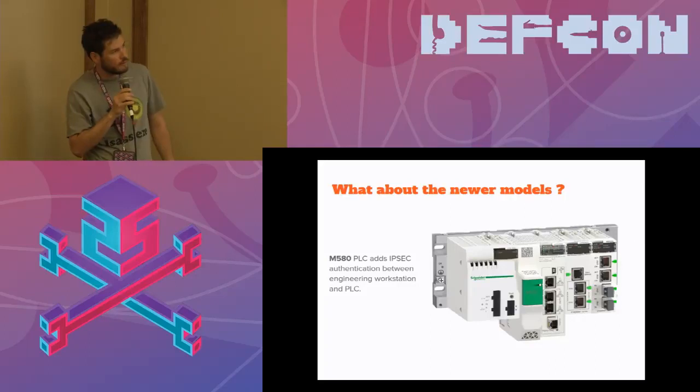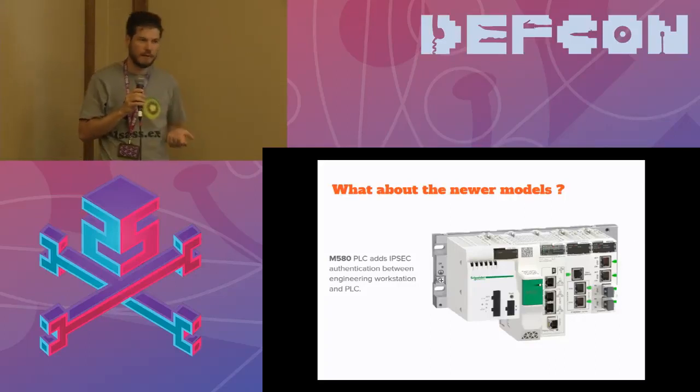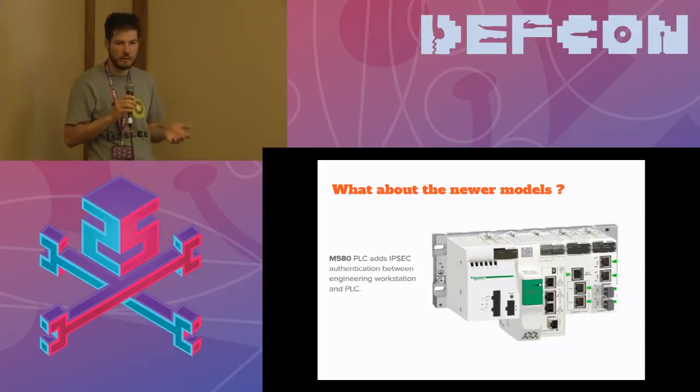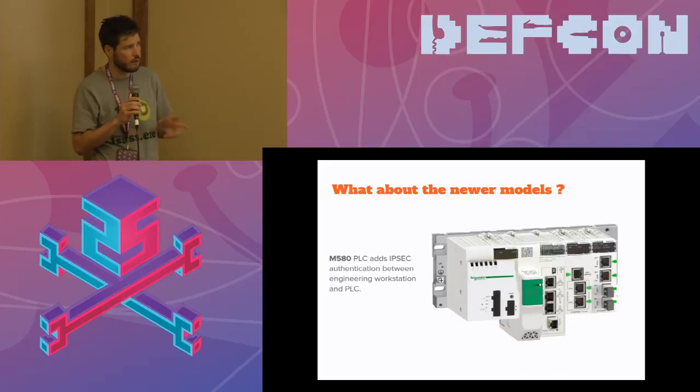I recently learned that the new high-end M580 PLC adds IPsec authentication between the engineering station and the PLC. So that's a good thing. They actually use IPsec not for encryption, but only the authentication header part. That allows you to make sure that if you want to program the PLC, you have to know the pre-shared key. However, that's quite new.